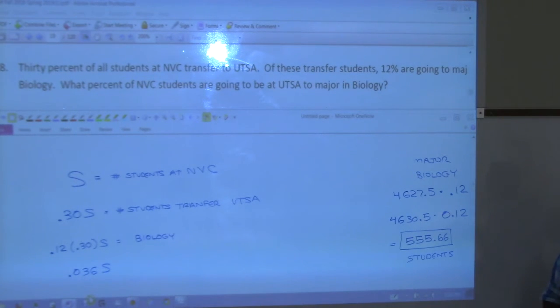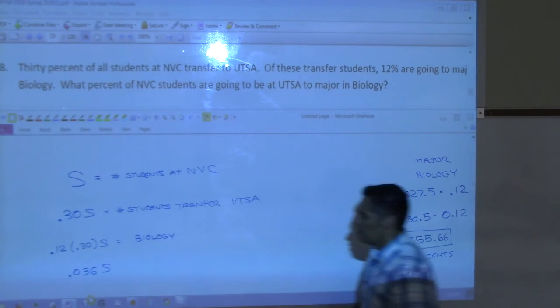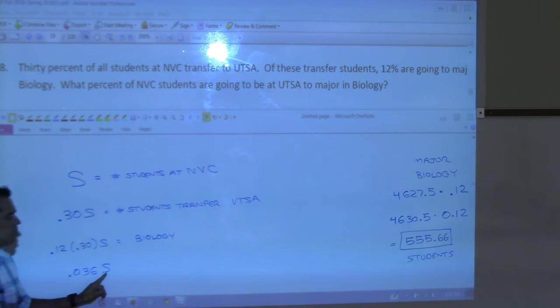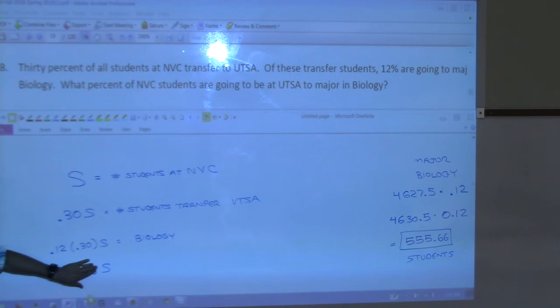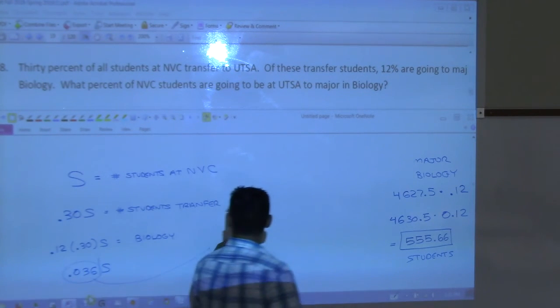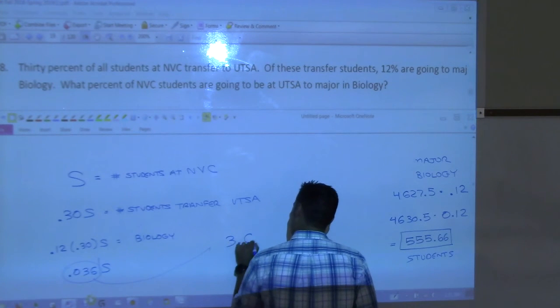It's 3.6%. See, because this is how many students wound up at UTSA in biology, right? It's not the original S, which would have been 1S. It's not all of them, that's 1S. It's 0.036 of them. So you convert this number right here into a percentage, and you get 3.6%.